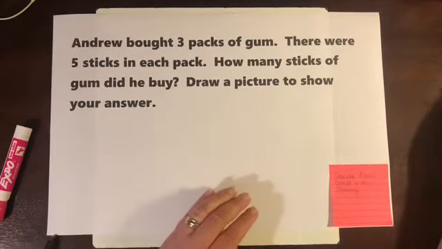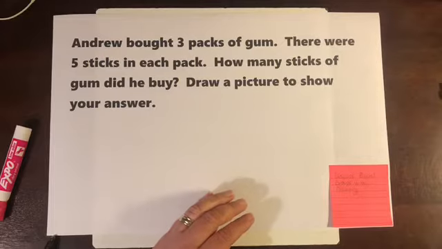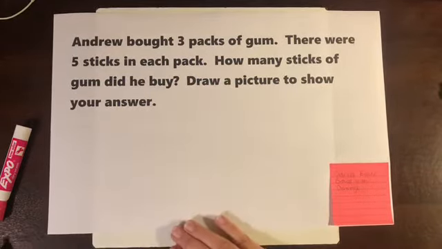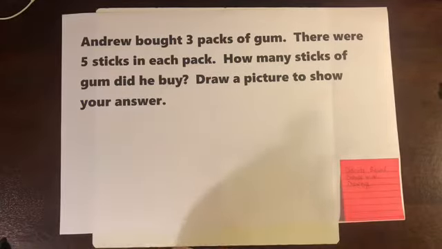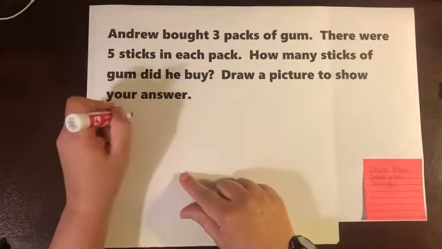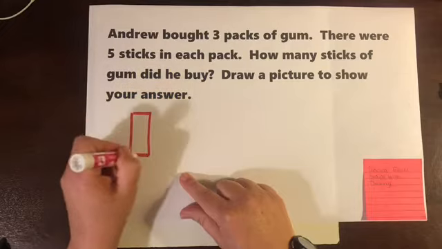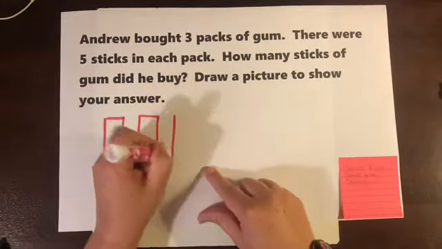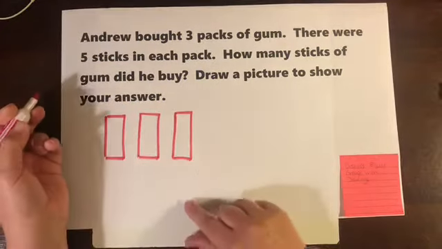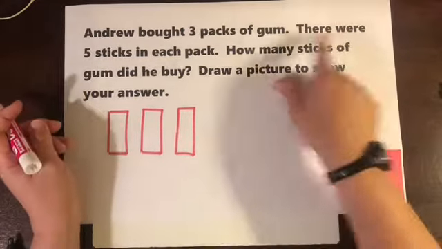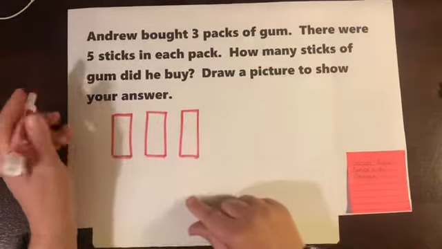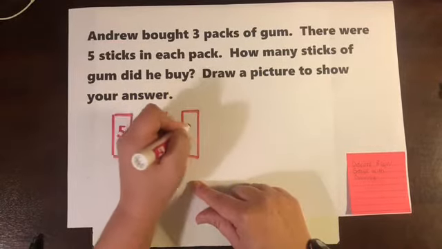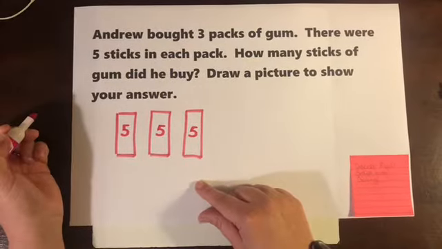Now, looking at your drawings, some of you may have had 3 packs of gum. 1 pack, 2 packs, 3 packs, okay? And there were 5 sticks in each pack. Some of you may have said, okay, there's 5, 5, 5. You could have done that.